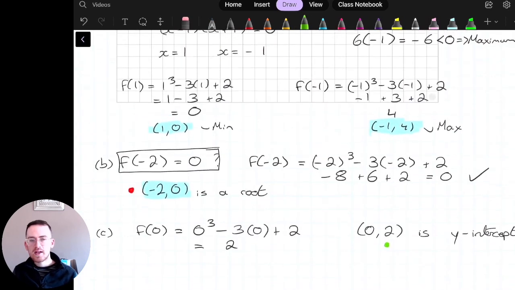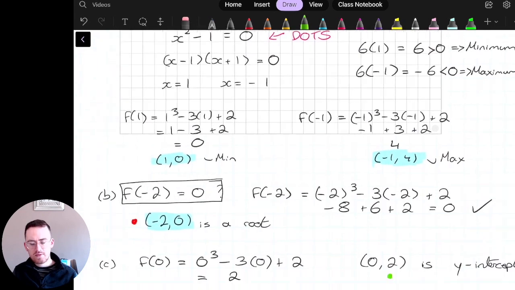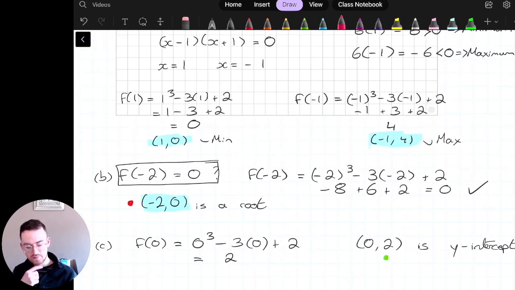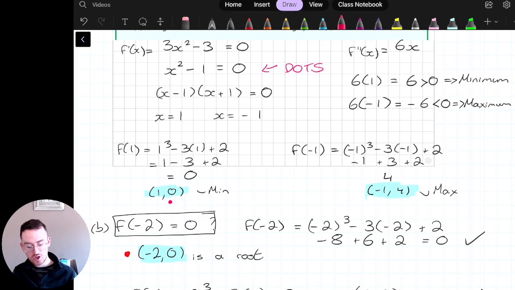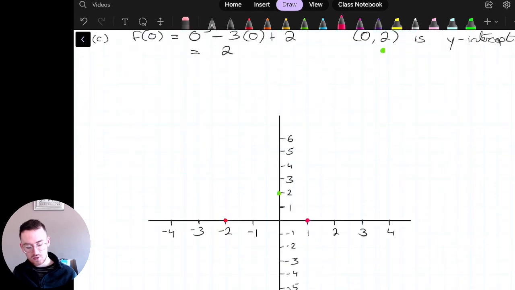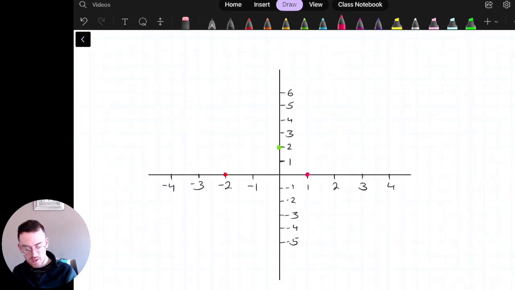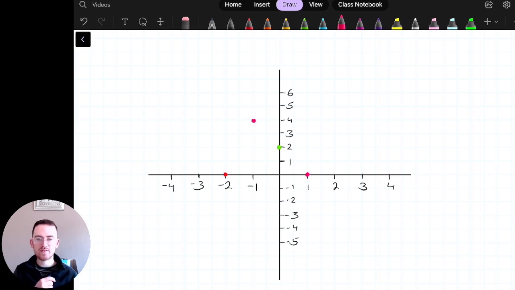Now we have to look at my maximum and my minimum points. First of all, we have (1, 0) as my minimum point. So (1, 0), that's going to be here. And we know that that's a turning point. And then (-1, 4) is another point here. So that's going to be here. So we're getting a picture of the graph here.